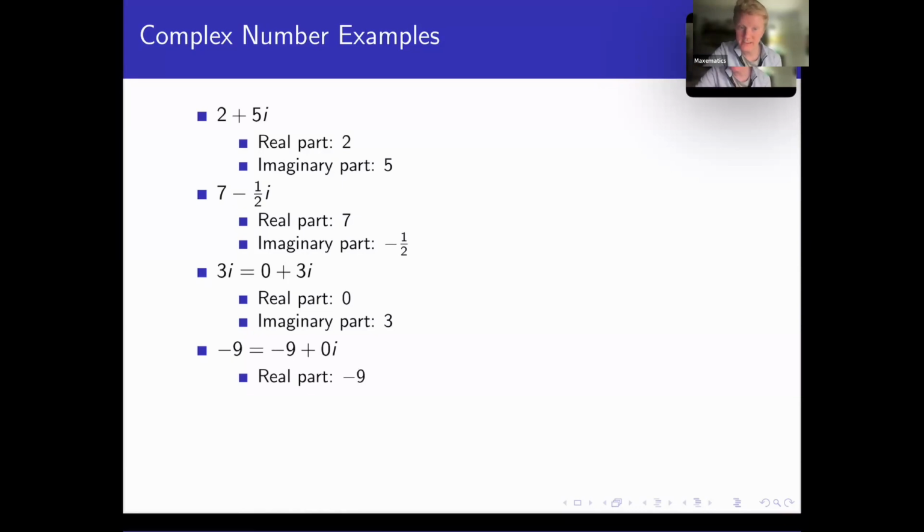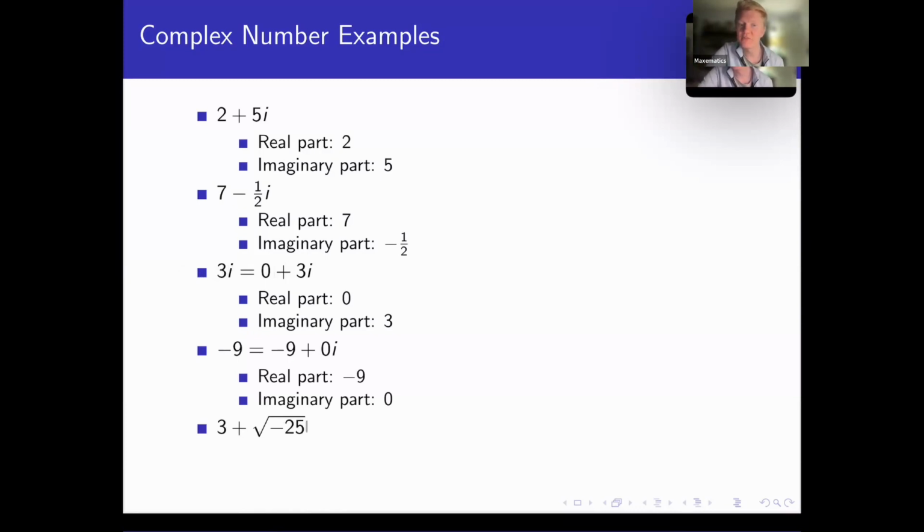Okay, well, the real part is negative 9. The imaginary part is 0. So if the imaginary part is 0, we would say it's just a real number. Negative 9 is a real number. We know that. And for the case of 3i, where the real part is 0, we would say that's a purely imaginary number.